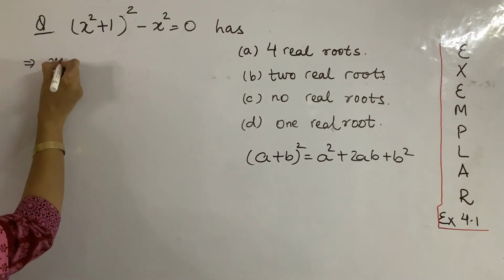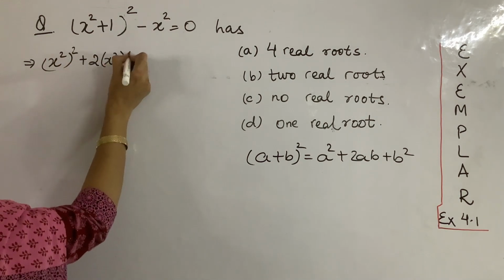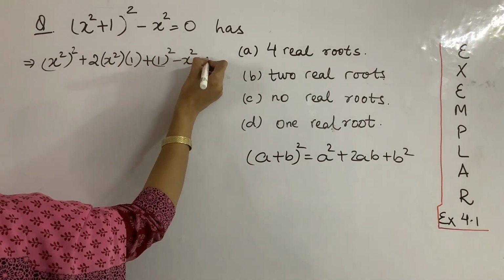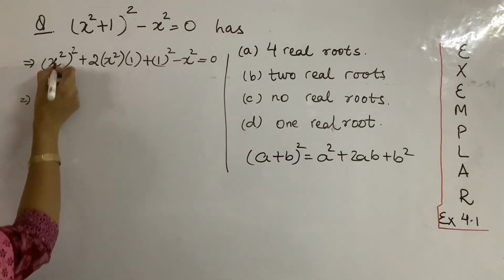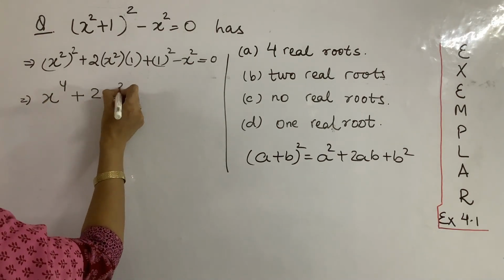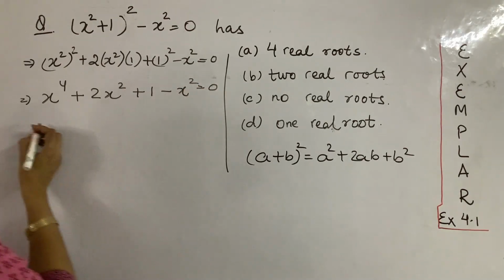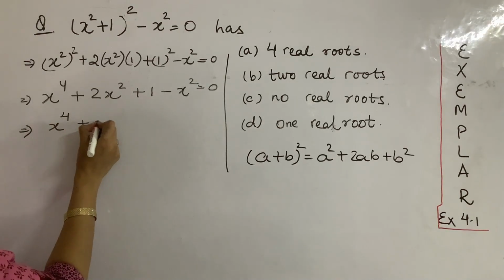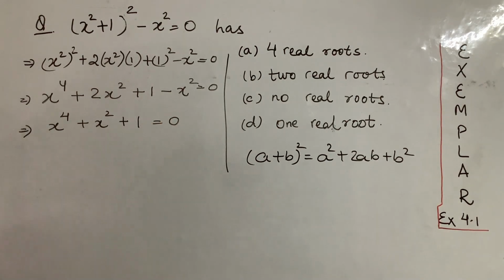So square of the first plus 2 first into second plus square of the second minus x square is equal to 0. इसको सिंप्लीफाई करेंगे तो this becomes x to the power 4 plus 2x square plus 1 minus x square is equal to 0. इसको और सिंप्लीफाई करते हैं तो x to the power 4 plus x square plus 1 is equal to 0.